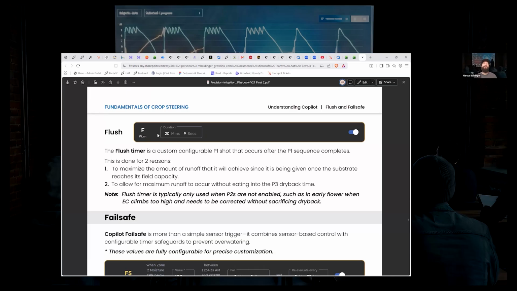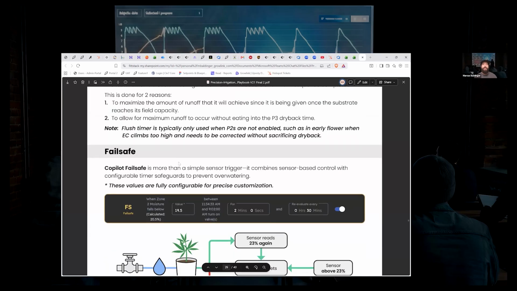A lot of times, if you need to cut your dryback down and you need those P2s to extend your irrigation time, but you're seeing really bad signs of burning right now and I need to get my substrate down, you can absolutely toss a flush in between your P1 and P2s, really hammer it with a good amount of runoff, and then let your P2s continue on.